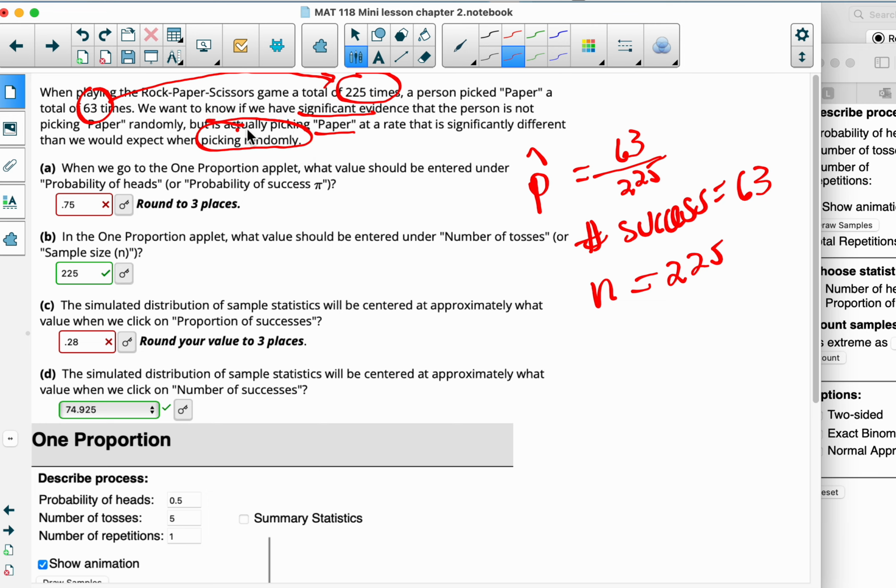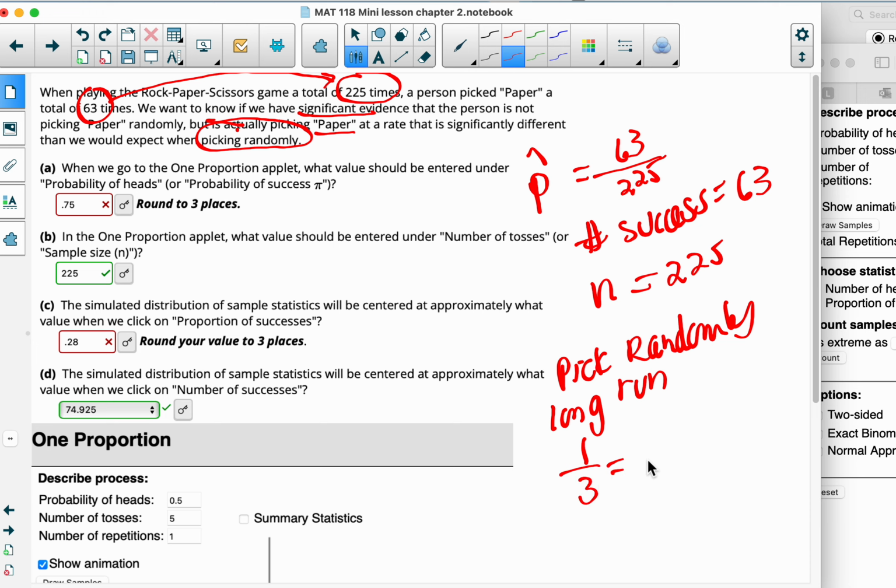Do people actually pick one of the other categories, rock or scissors, more frequently than paper, compared to picking randomly? So if we pick randomly, my long run probability of selecting paper would be 1 out of 3, which equals 0.333. This would equal pi.